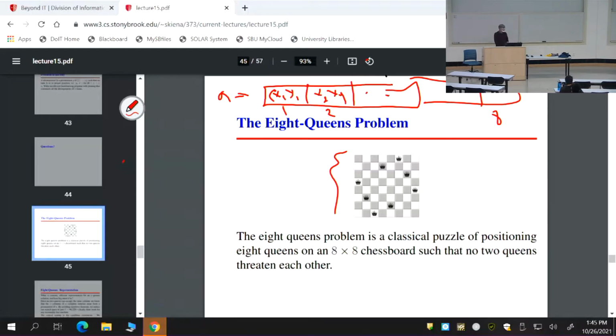Does everybody see that that's a possible solution? This queen is in position 1, 3. This queen is in position 2, 5, and so on.